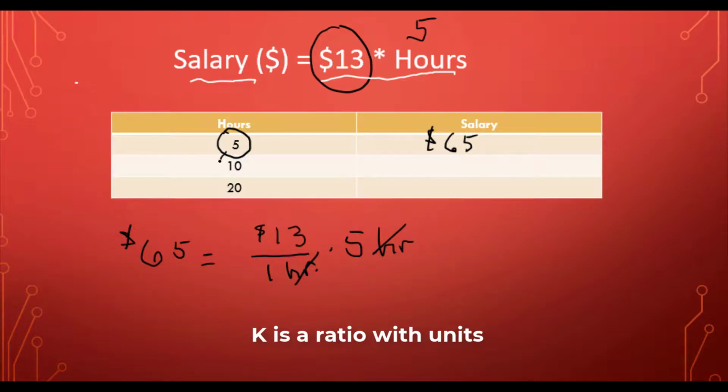So if I put 10 hours in, I'm just swapping this for 10. The hours still cancel and I get $130. And if I put 20 in, again, the hours just cancel and I get $260.